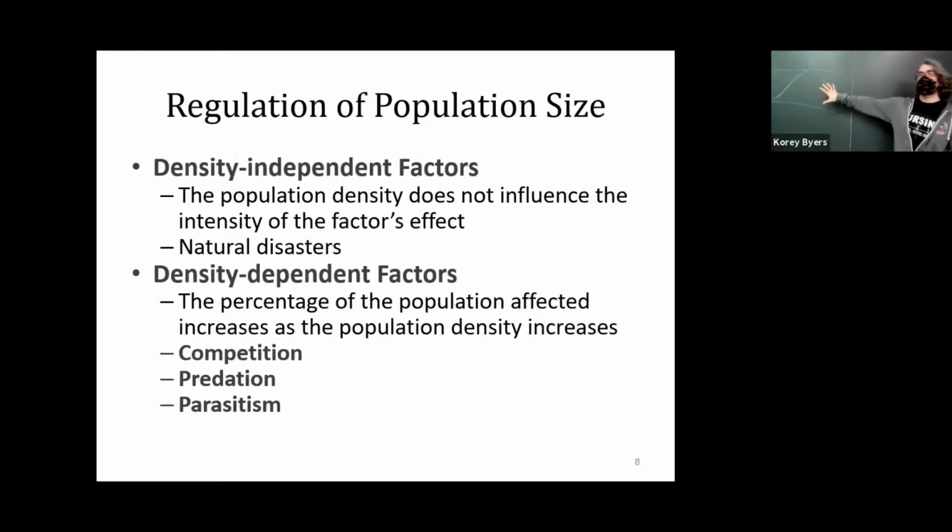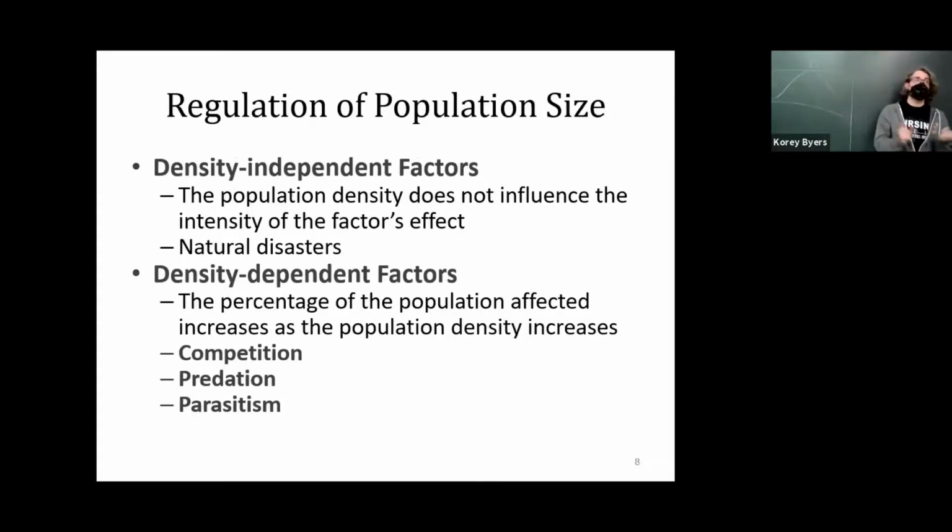Now, in regards to this population size, how well it's doing, there are certain environmental factors that play a major role in regards to the number of species. Now, there are some things that can go through and will affect the environment or the population regardless of number of species. And so we use two terms. We say density independent factors and density dependent factors.